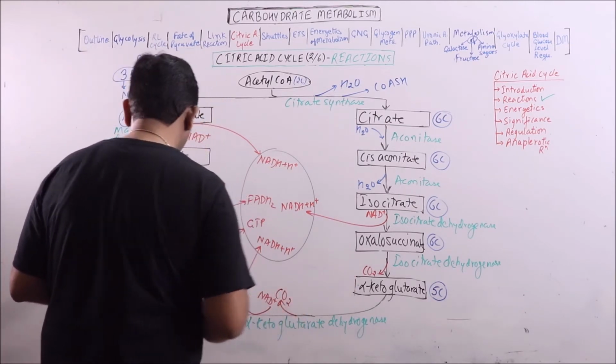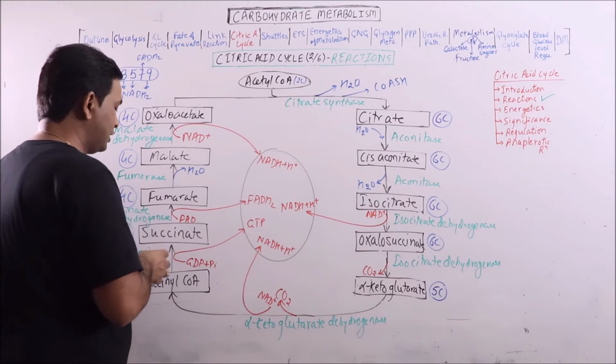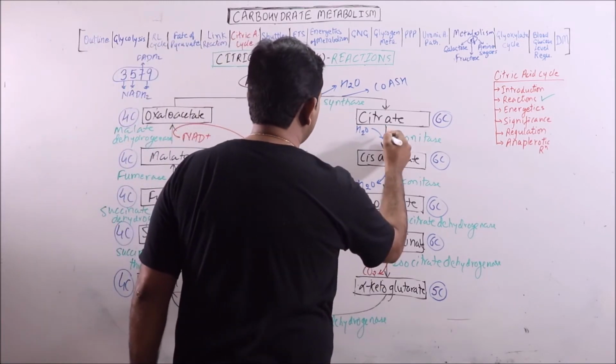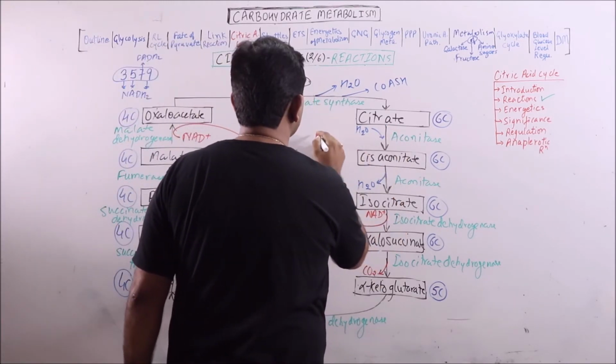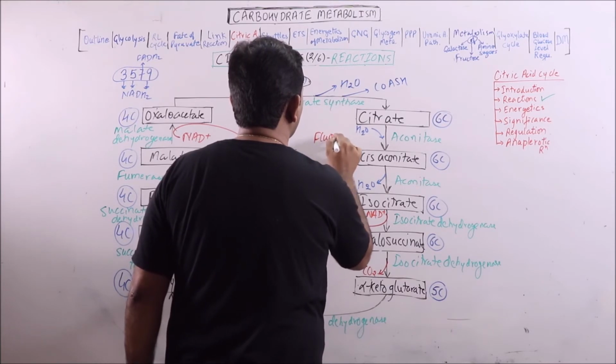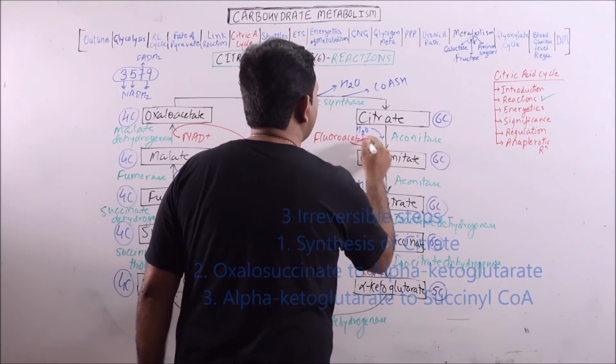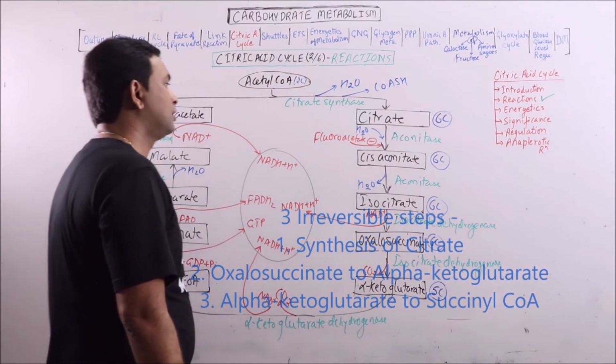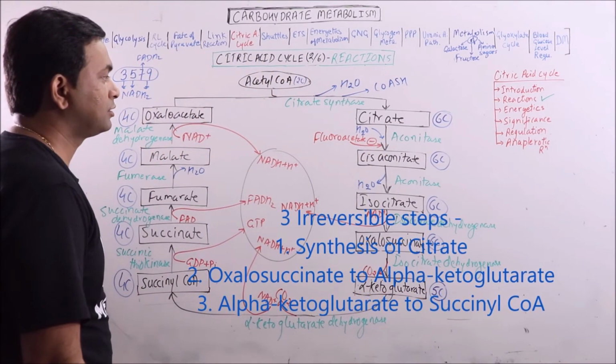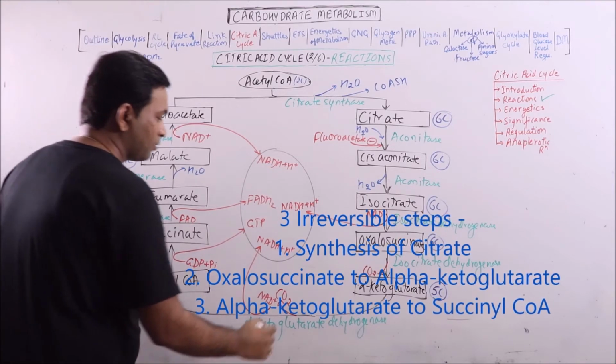Decarboxylation is occurring at 2 places. Finally, if inhibition is discussed, then fluoroacetate inhibits the citrate to cis-aconitate reaction.